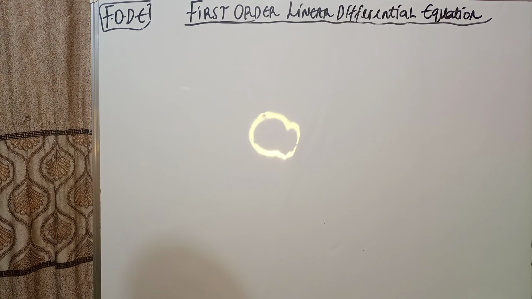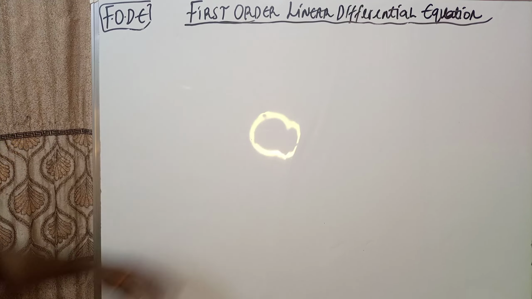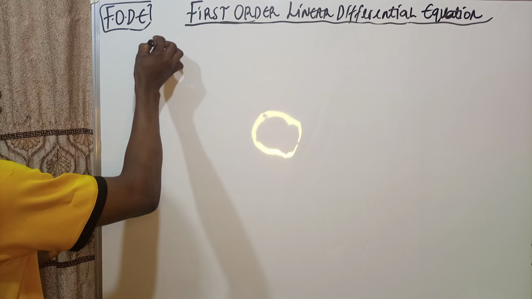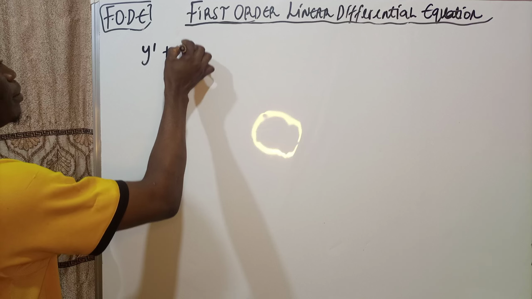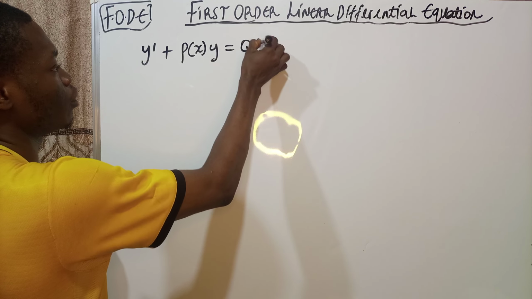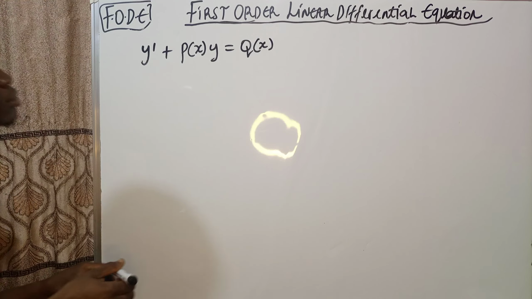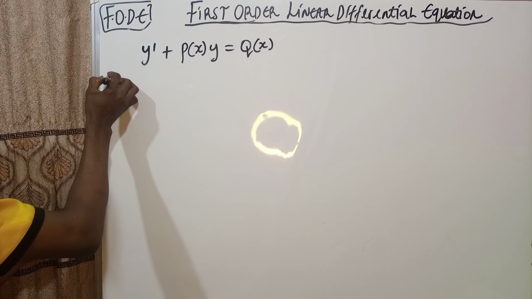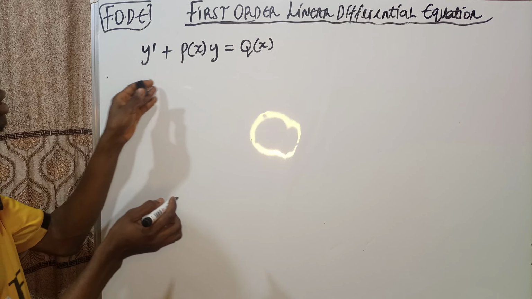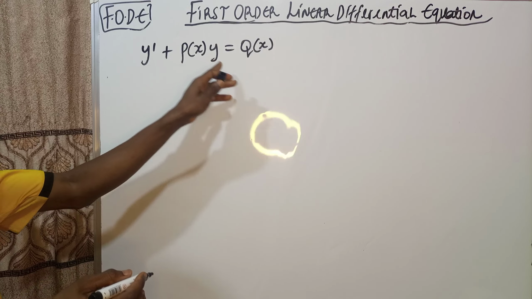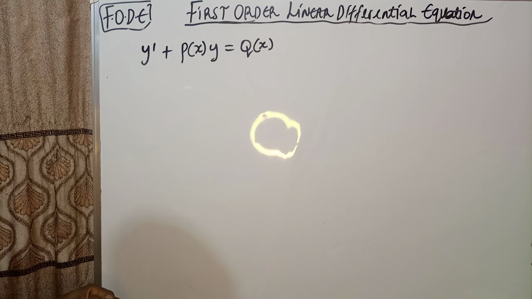First order linear differential equation comes in the standard form y prime plus p of x y is equal to q of x. So when it comes in this standard form, you need to find the functions p of x and q of x.